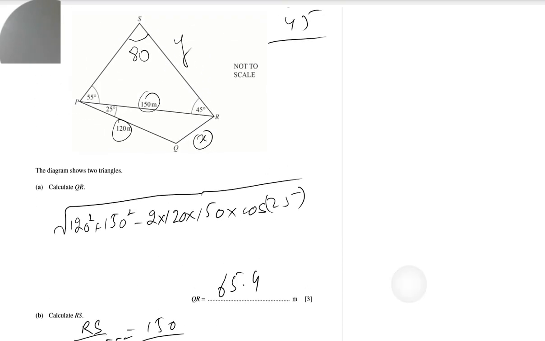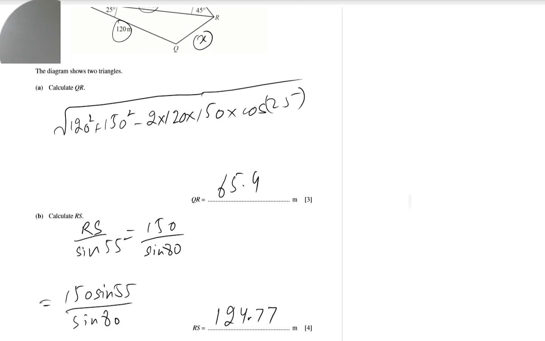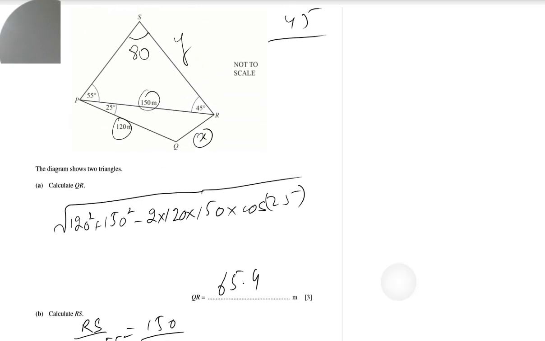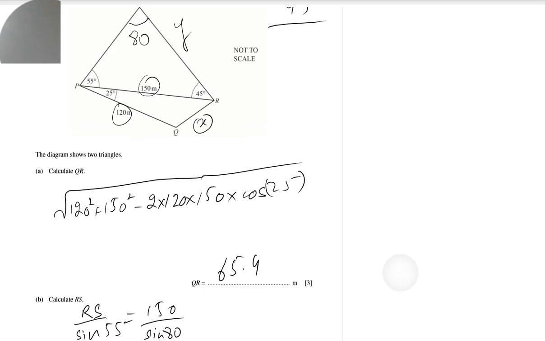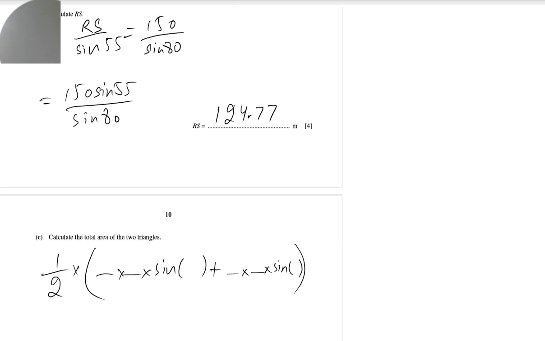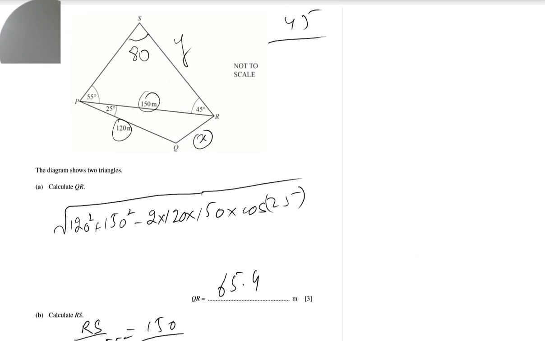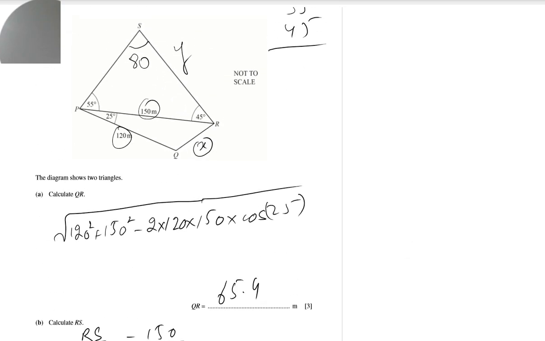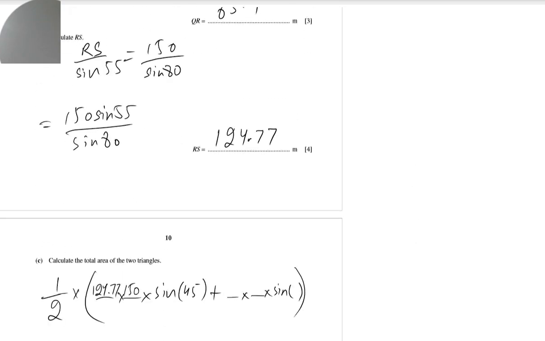So I have 124.77 into 150 and the angle between them, and 120, 150 and 25.